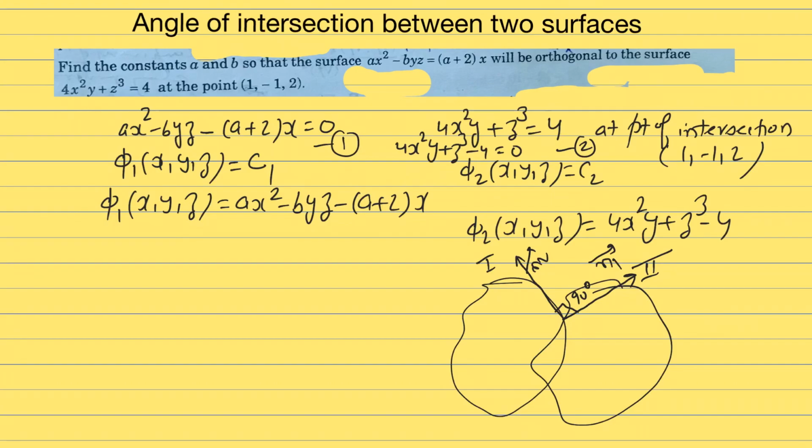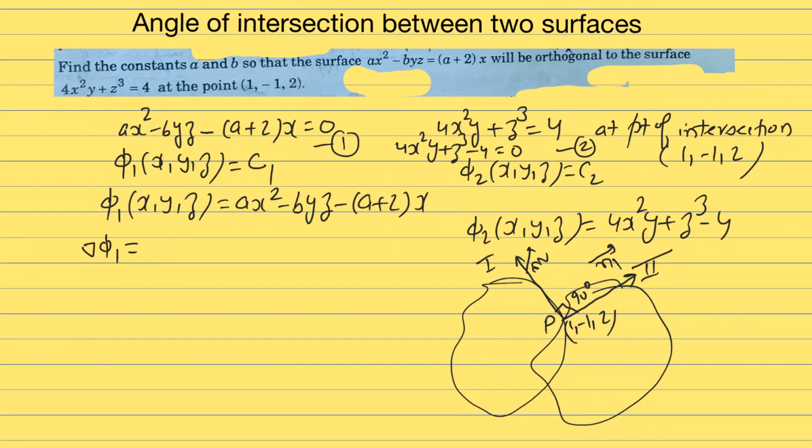We have to find the normals at the point of intersection 1, minus 1, 2. Say this is point P. Now we have to find the normal. The normal along this surface is given by gradient of phi 1, so we need to determine del phi 1.